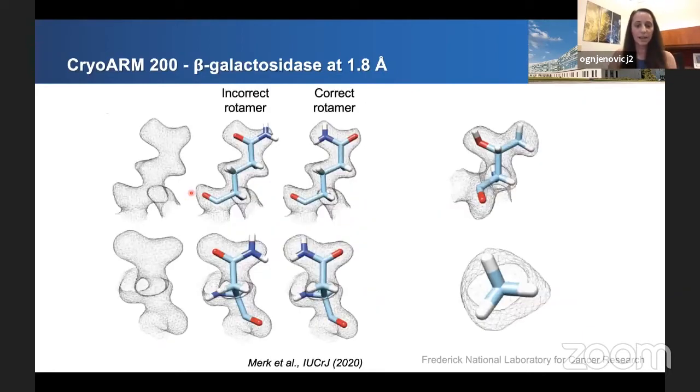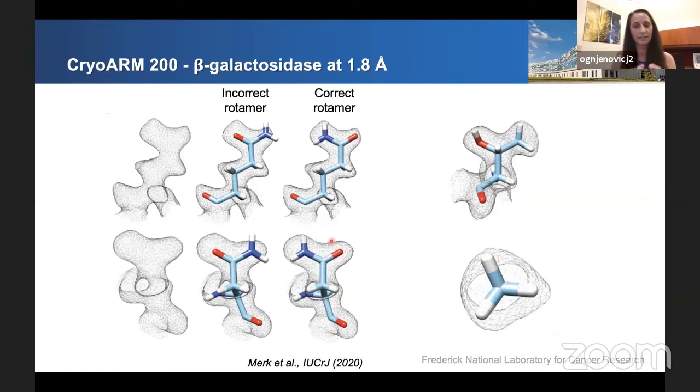Here you can see a practical upshot of getting a map to high resolution. The panel here shows examples that illustrate the importance of being able to visualize the density for the hydrogens and the side chains of glutamines, asparagines, and threonines. This is the well-known NQH problem in structural biology. It's concerning the ambiguity of fitting the amide group, the amide nitrogen and oxygen atoms.